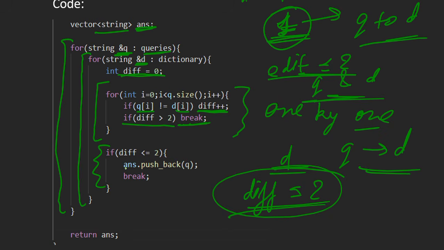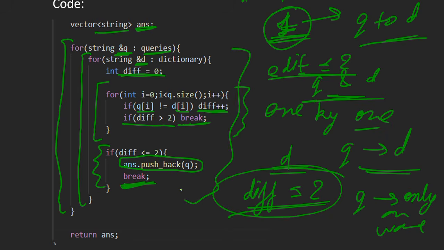In that case we push q into the answer and stop the further comparison, because we have to make q equal to only one word in the dictionary. At the end, after all the comparisons, we return our answer.